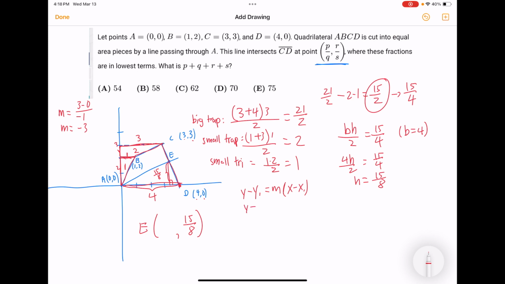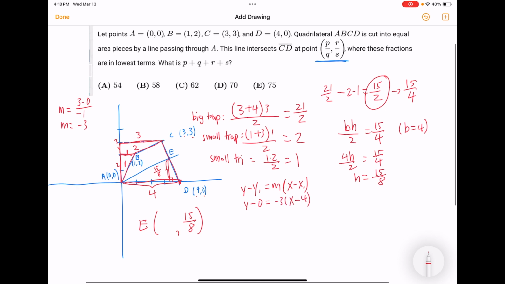In this case, we can just use the coordinates for D, and so the y-coordinate for D is 0, so it'd be y minus 0 is equal to the slope, which is negative 3, times x minus 4. Simplifying this, we would get y equals negative 3x plus 12. And so now we know the equation for line CD.